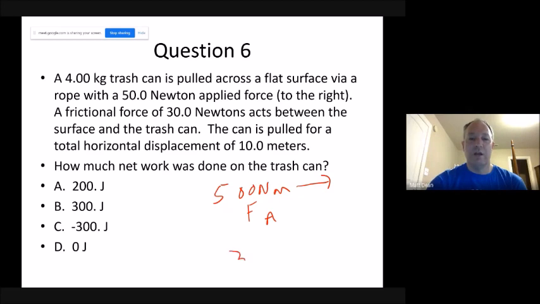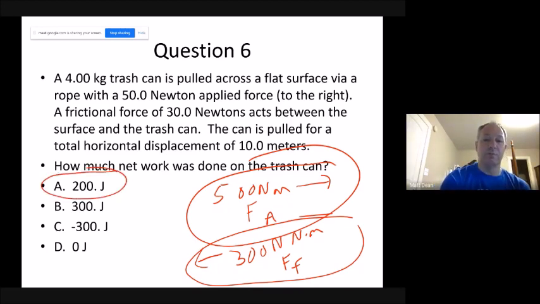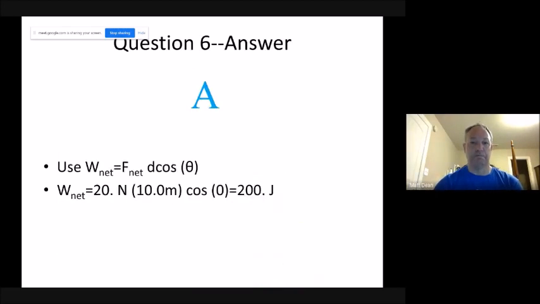And we had 300 Newton meters done by the frictional force. And that was in this direction. Well, if we combine those together, the 500 plus the negative 300, because that was to the left, we ended up with 200 joules, positive 200 joules of net work. There you go.